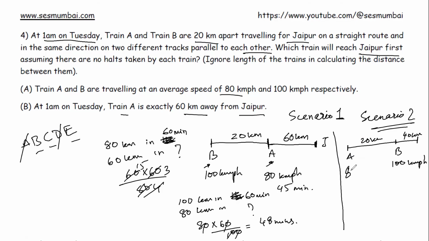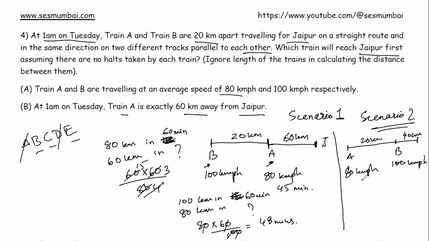Speed of A is 80 kilometers per hour. So clearly, the slow one will never be able to overtake B. Will never overtake B. Okay, because it's slower than train B. So B is going to obviously reach first, right? And the distance is also less.